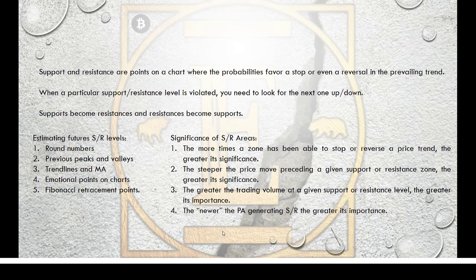Why? Because the traders who bought or sold at that point are no longer in the market, or are at another entry or exit. So the newer, the more important. Okay. So that concept is crucial in Bitcoin trading, or in trading in general.